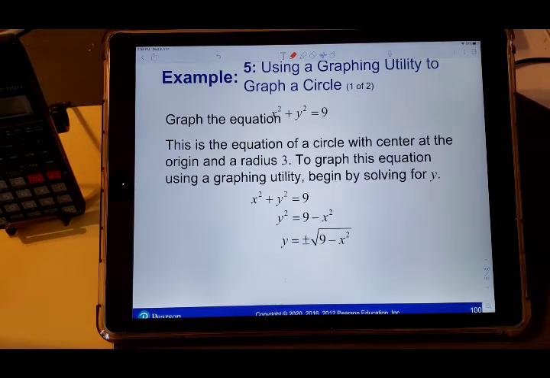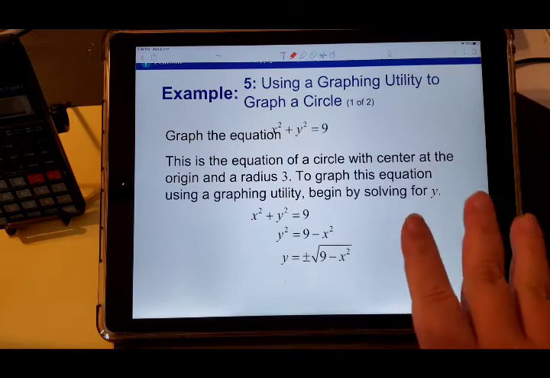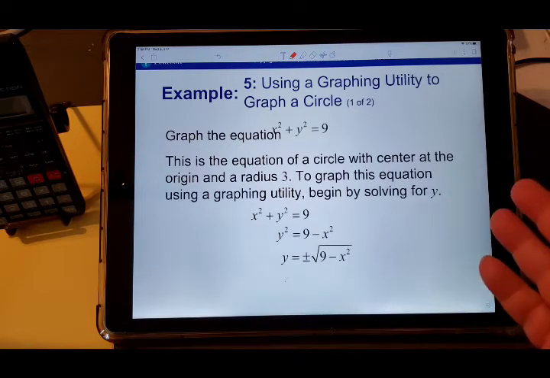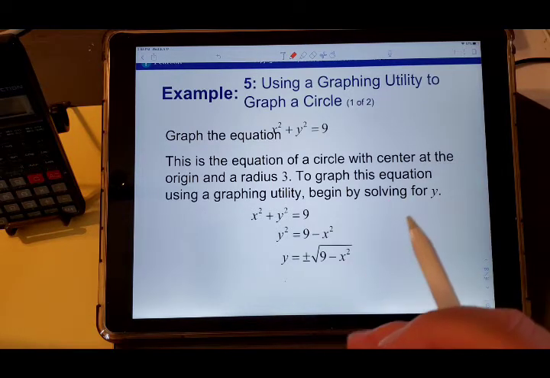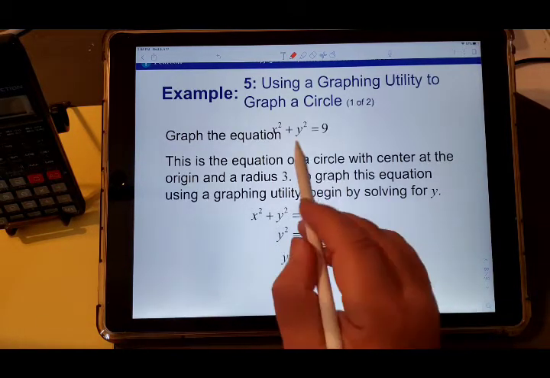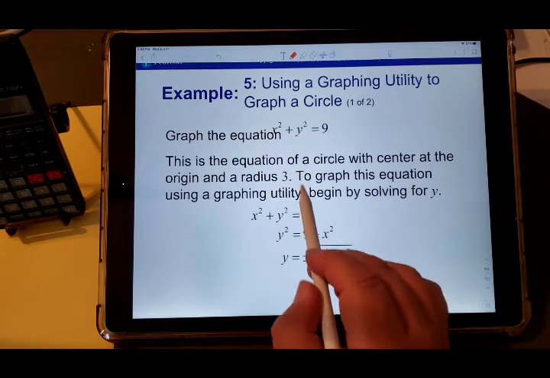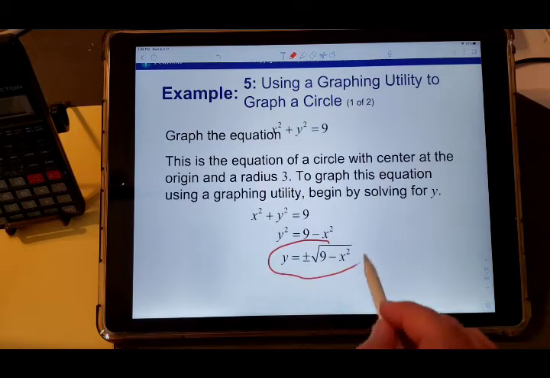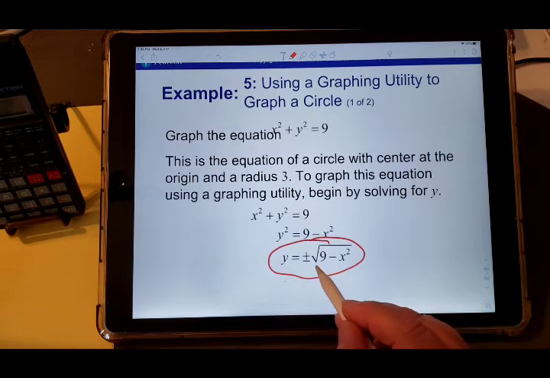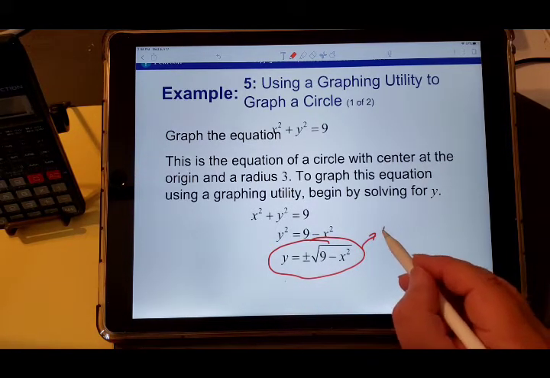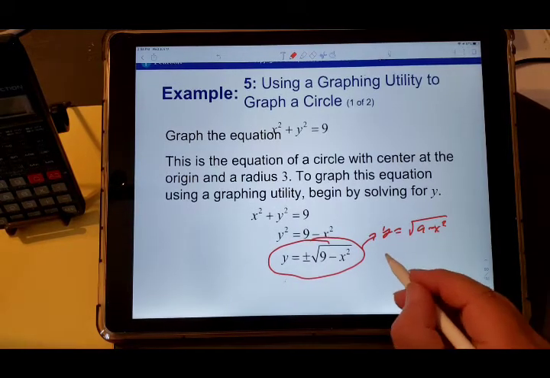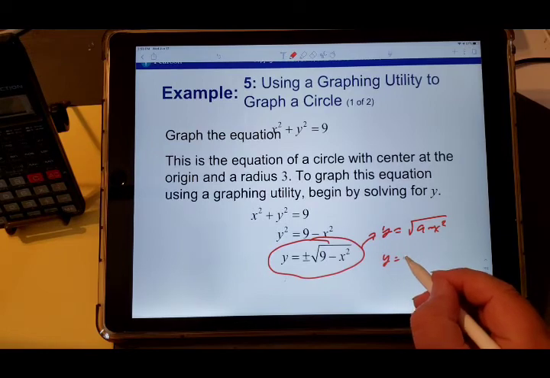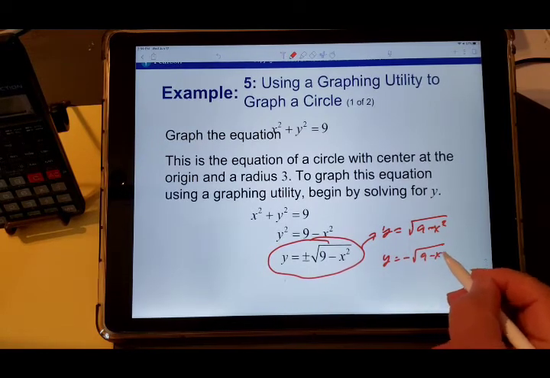I'm not really a fan of this. We're not really going to use graphing utilities. Graphing utilities means a graphing calculator, which we don't use. But real quickly, what the author is saying is, if you do this and you get this, there's actually 2 different parts to this problem. There's y equals the square root of 9 minus x squared, and there's y equals minus the square root of 9 minus x squared.